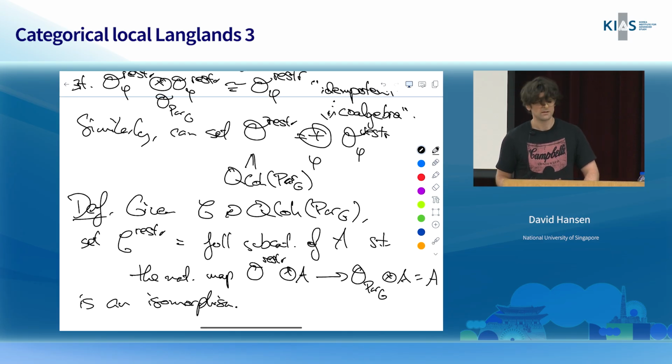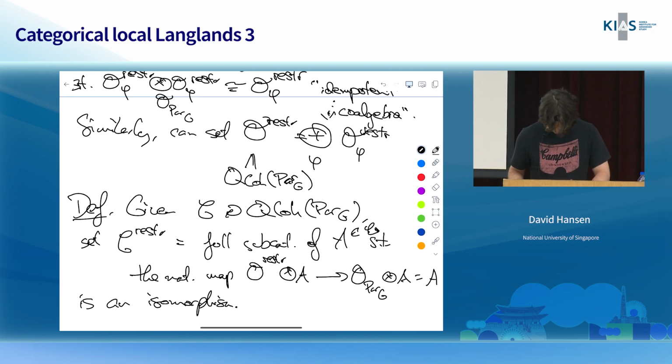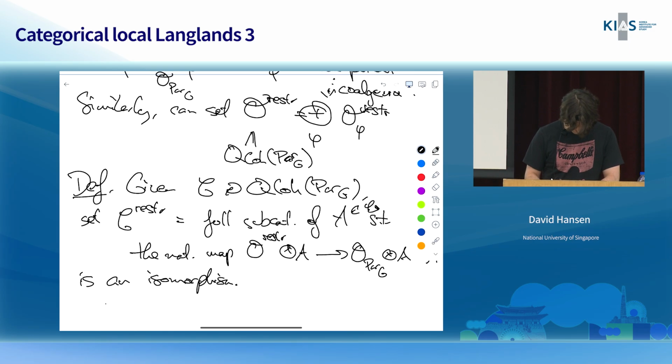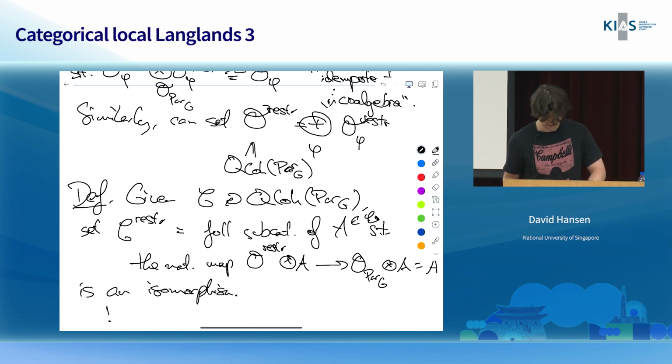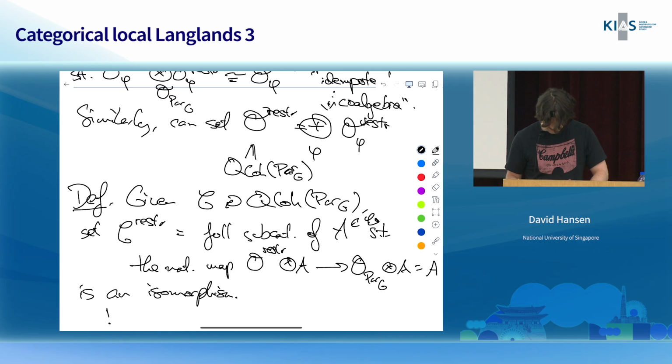Okay? Full subcategory of A such that the natural map is an isomorphism. A in C. Sorry, that's a C. Okay? And notice that by definition, this O restricted is this big direct sum, right? So if you have an object A, which lives in this restricted subcategory, then A is this, right?